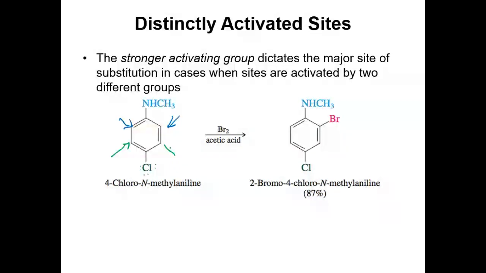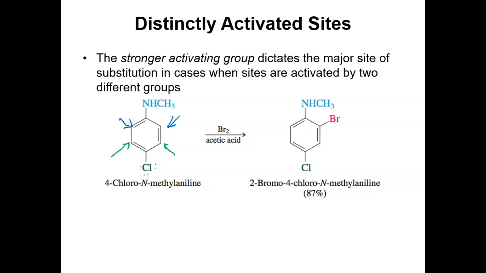Now basically, you have a competing directing effect. Then they depend on whose arm is stronger. So the rule is that whatever group is the more powerful activating group will decide where the electrophile will go.